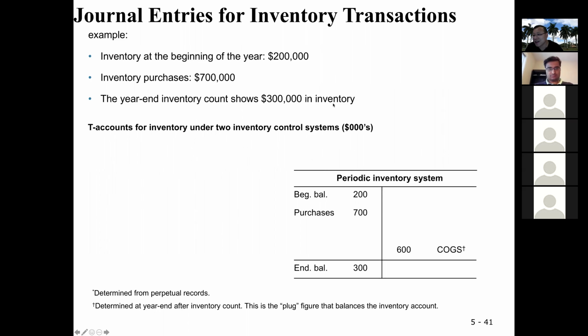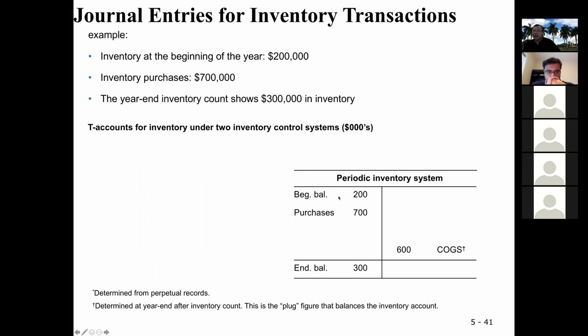This is just one example. Let's look at the T-account. Inventory has a normal debit balance, so all increases go on the left, the debit side, and decreases, the withdrawals, go on the right side.